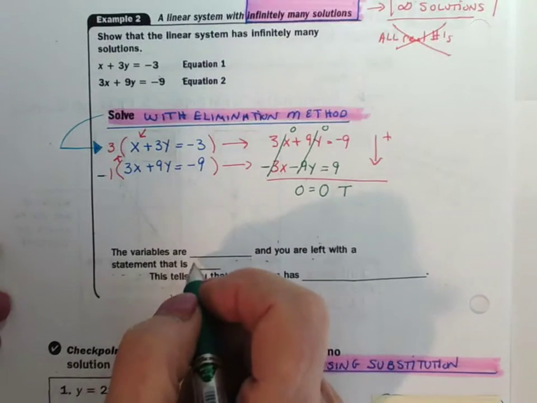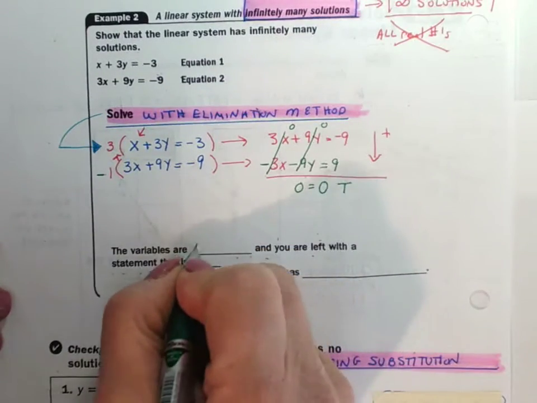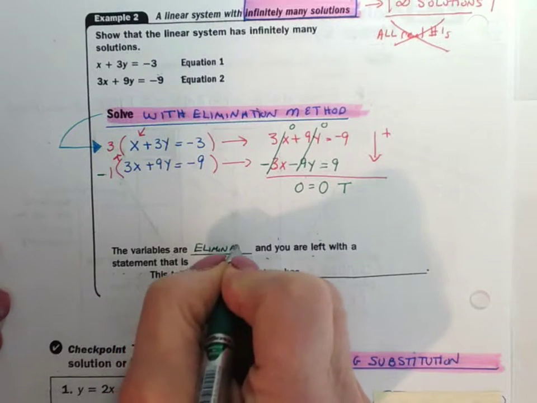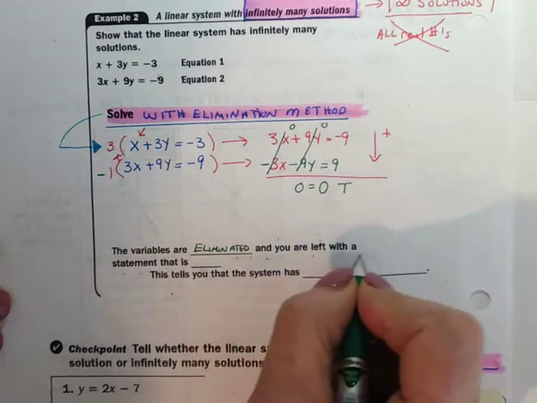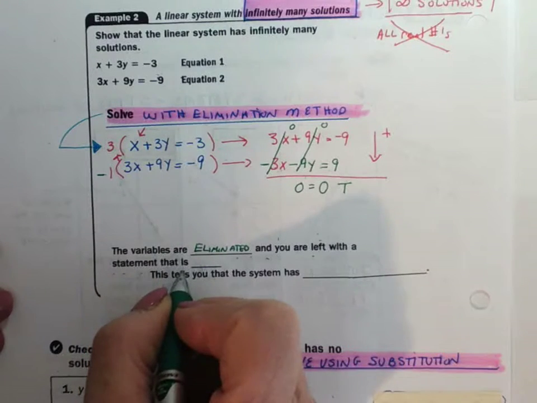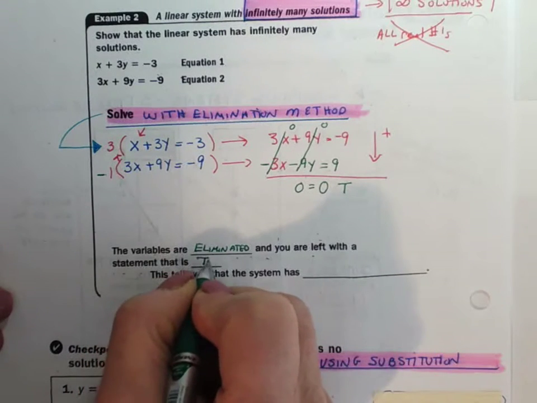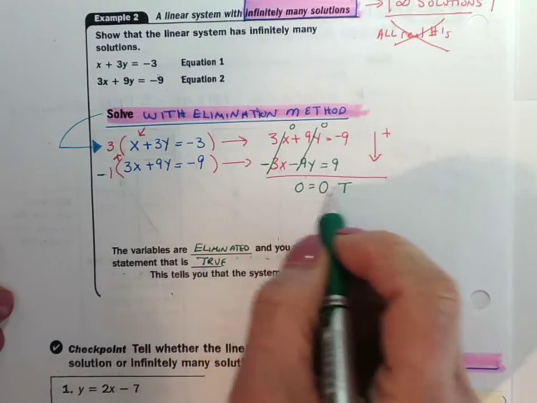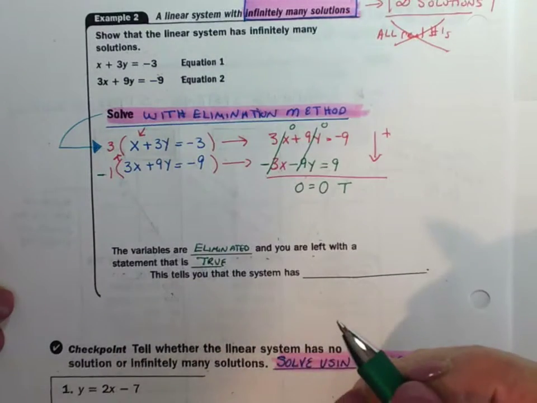The variables are eliminated. And you are left with a statement that is true. This is true. No variables, this is true.